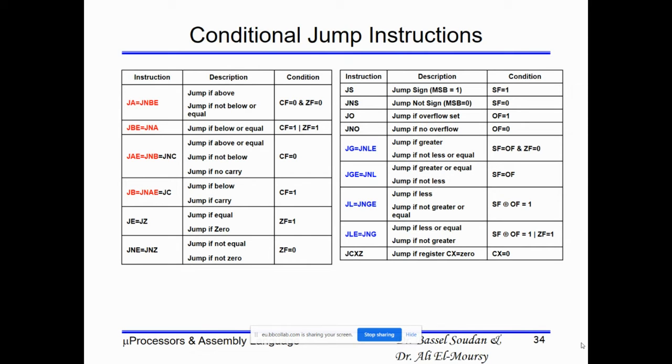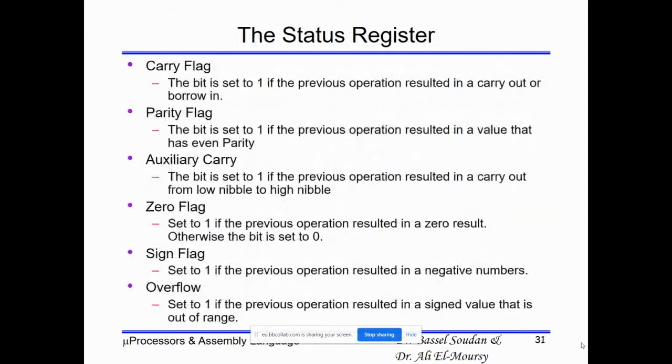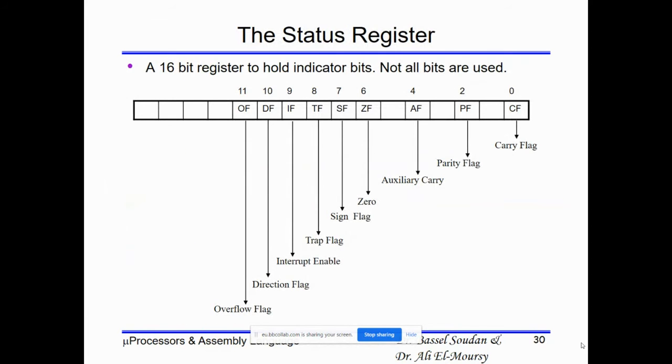From this set of instructions, you can realize what the conditions are that the conditional jump works through. And here we want to go back to visit what? To visit the status register. All the conditions that the conditional jump is looking for are based on the flags in the status register. We wanted to review the flags of the status register. We have the flag for the overflow, OF.